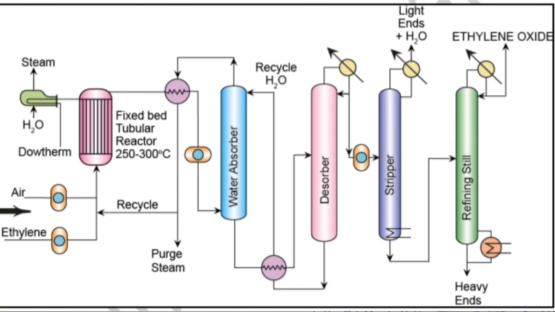Light ends are removed from the stripper with some amount of water vapor, and from the refining still heavy ends are removed from the bottom of the column. This is the basic process description of ethylene oxide by air oxidation of ethylene, or direct oxidation of ethylene.